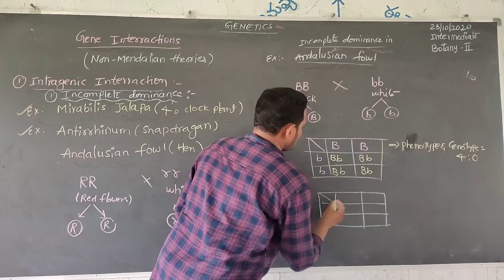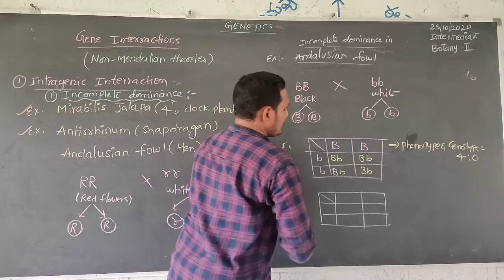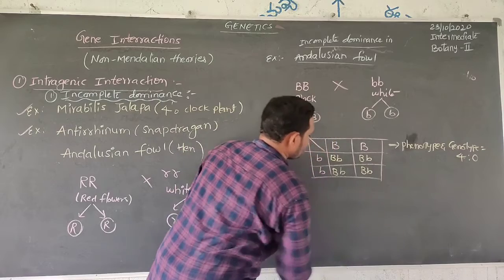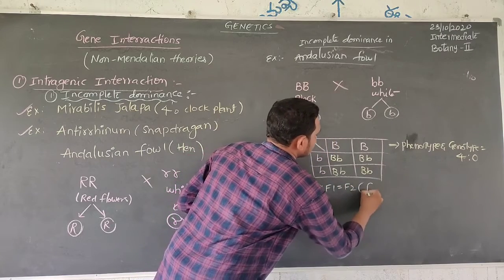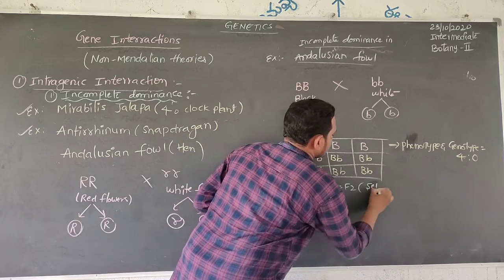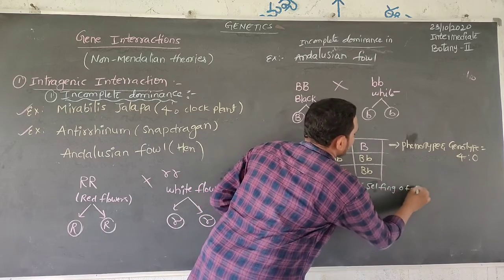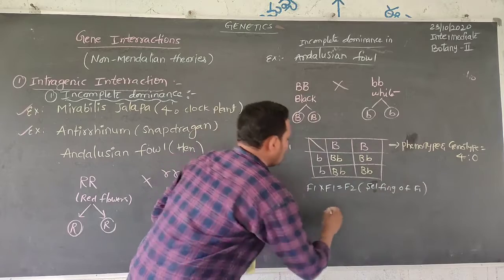In F2, what will happen? Here F1 is selfing. F1 into F1 is equal to F2. It is selfing of F1.